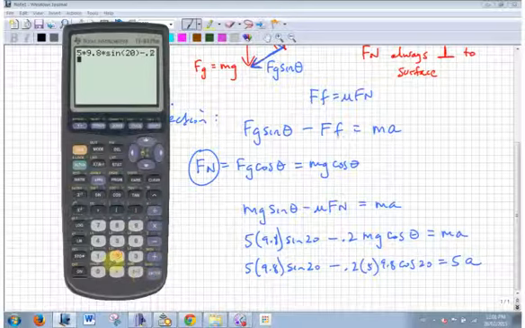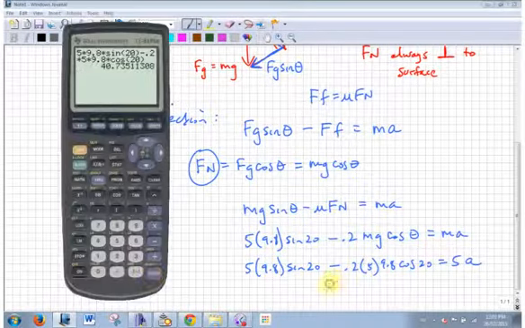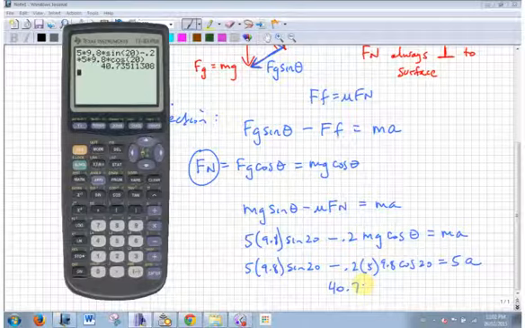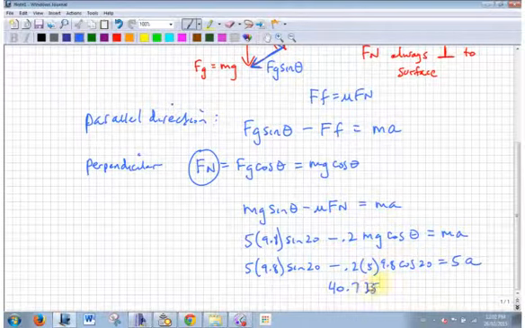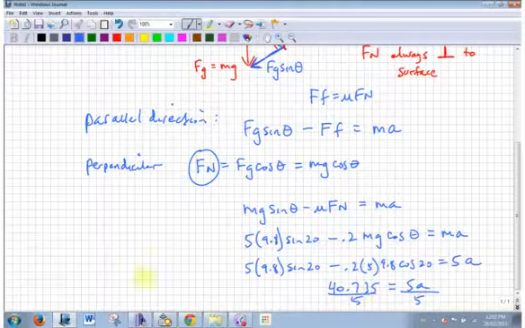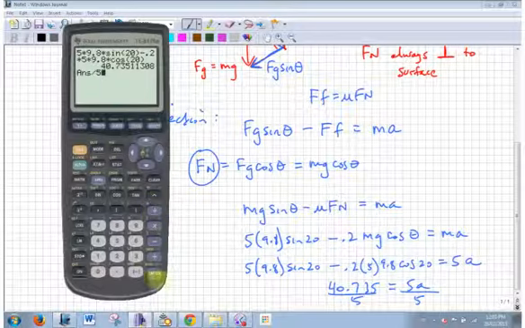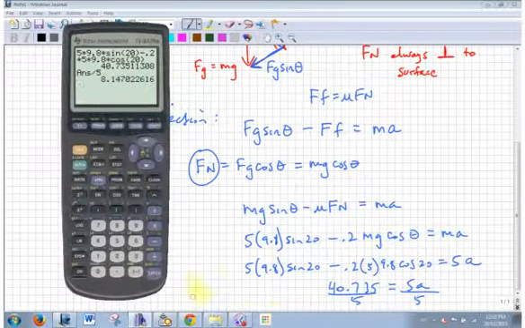Minus 0.2 times 5 times 9.8 times cosine 20. So all that stuff is 40.7. 35, let's say, is 5a. Divide by 5. And what is a? 8.14.